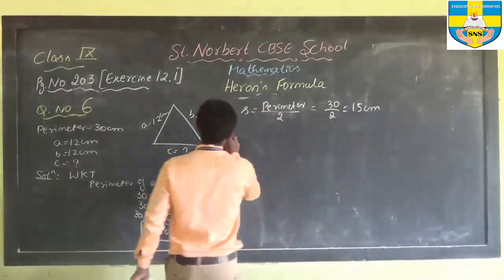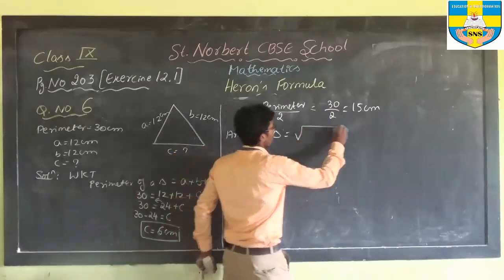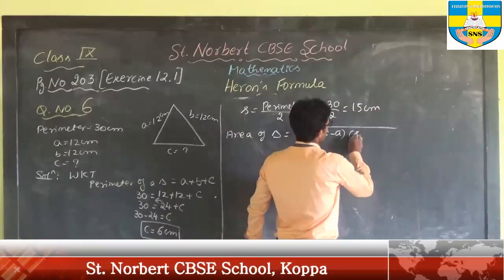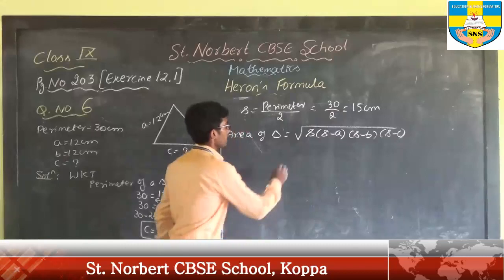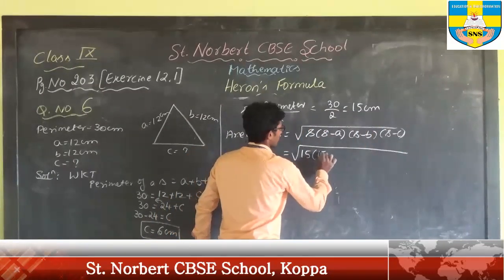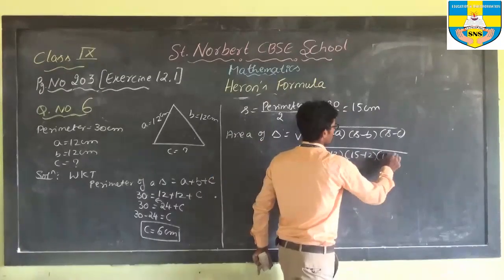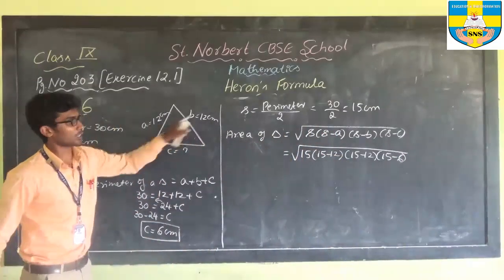Now the area of the triangle by using Heron's formula will be the square root of S, S minus A, S minus B and S minus C. When it is S minus A, S minus B, S is 15: 15 minus 12, 15 minus 12, and what is C? 15 minus 6, 6, 12 and 12.